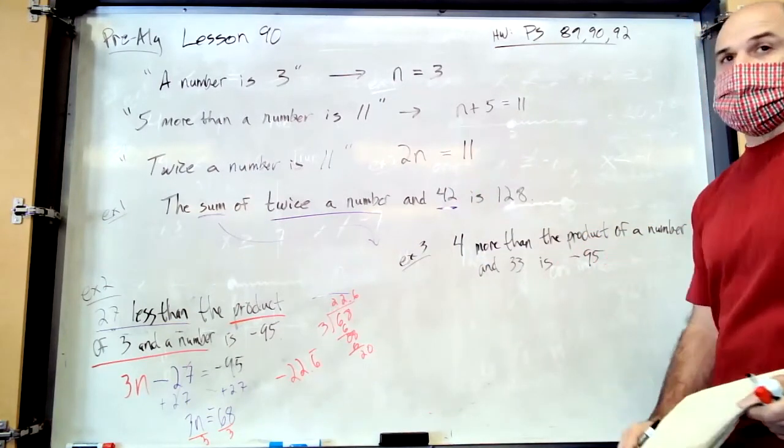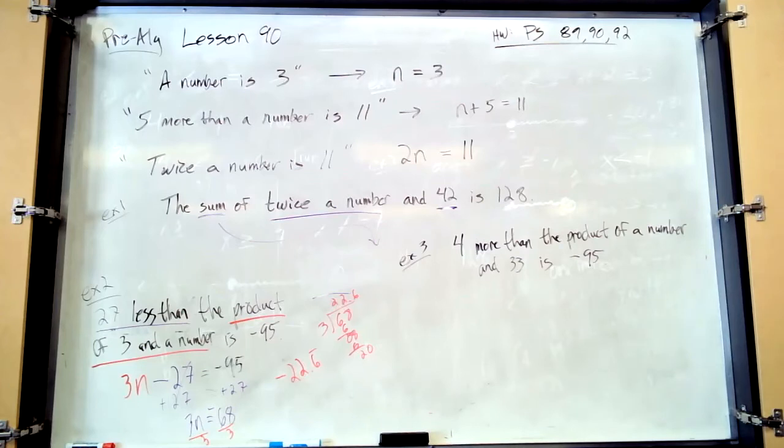What's the number? 4 more than the product of a number and 33 equals -95.